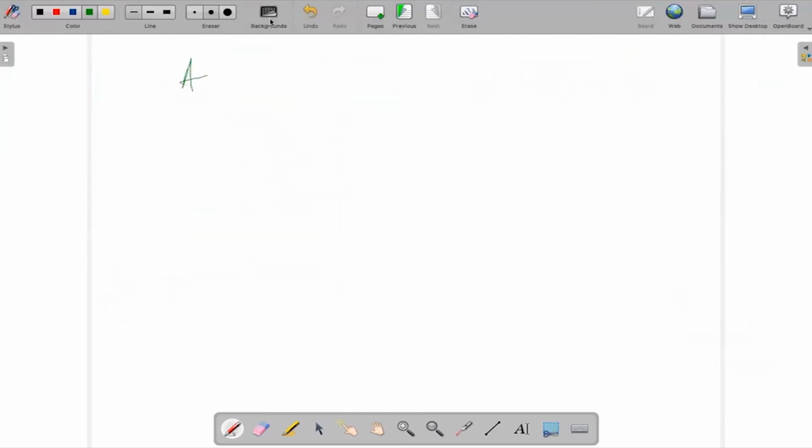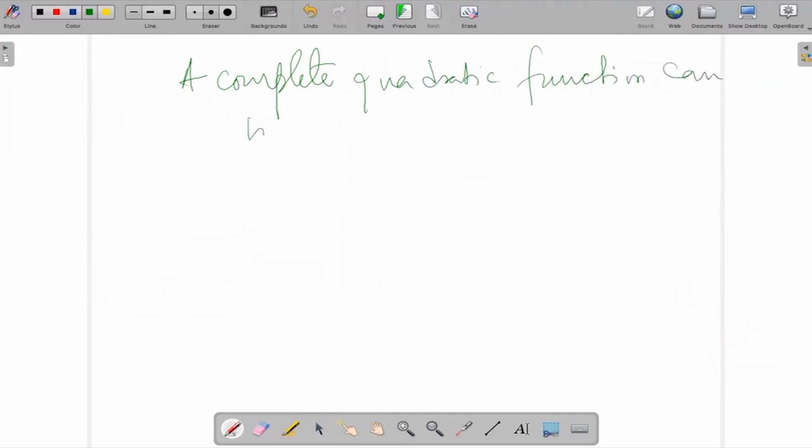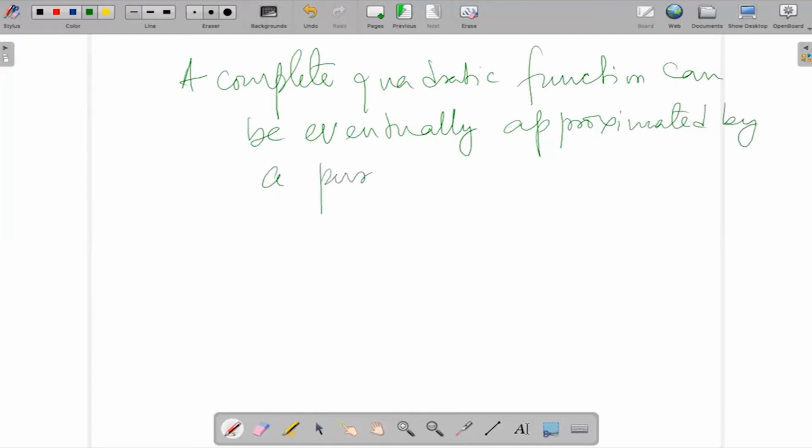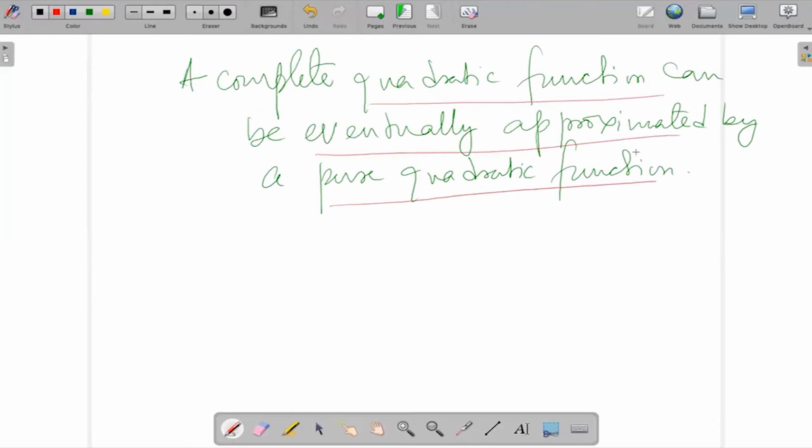So a complete quadratic function can be eventually approximated by a pure quadratic function. And this is one of the crux of the things that we will be studying now.